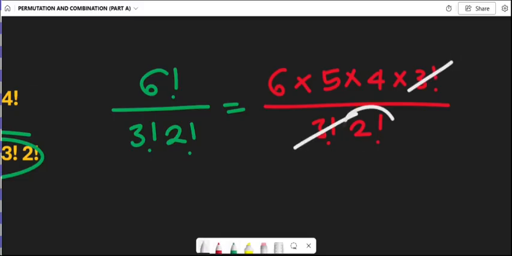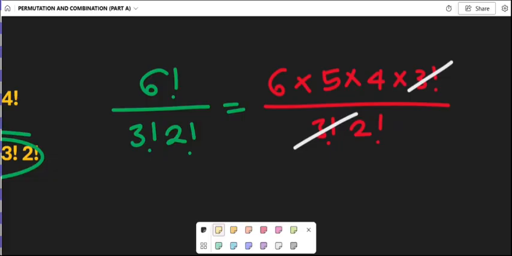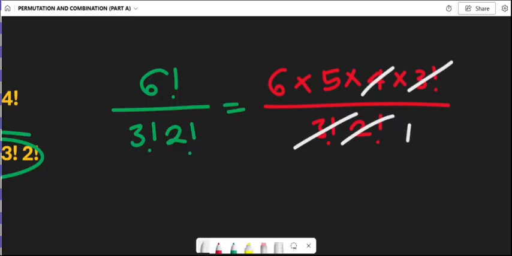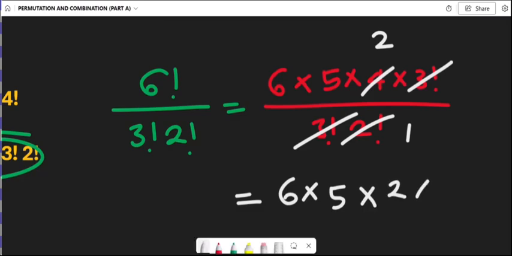But remember that 2 factorial means 2 times 1, which is 2. So the 2 on top cancels the 2 factorial, and I'm left with 6 multiplied by 5 times 2. 6 times 5 gives you 30, and 30 times 2 gives you 60. That's 60. So this is how we use factorial in solving questions.